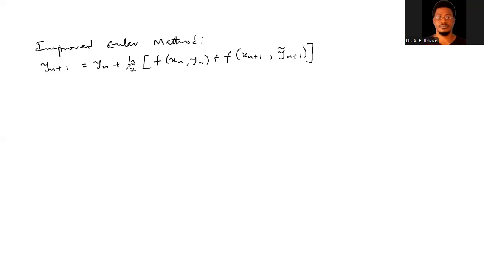Now, I have done this to differentiate between the next update and the predictor, okay? So we're going to take this as the predictor, for which we can adopt any of the known methods to solve, the likes of the Euler method or whichever, and then this becomes the corrector once we plug it in.